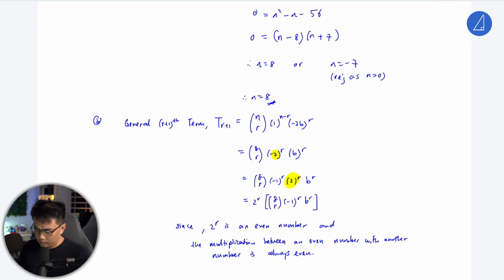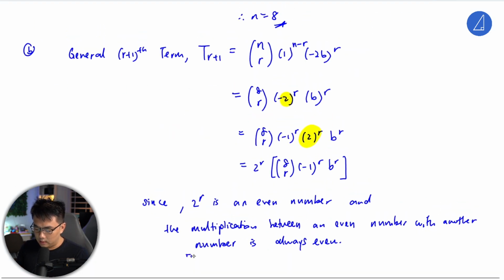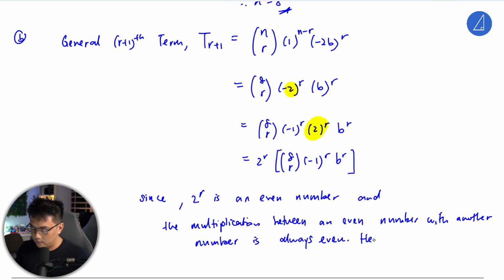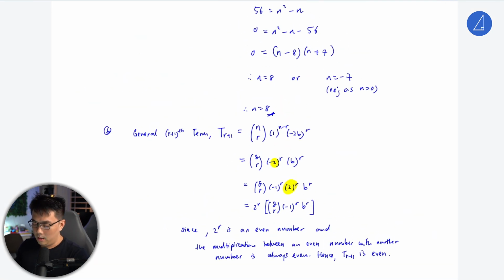Hence T_(r+1) is even. So that's what you do. You just need to show that T_(r+1) can be separated into an even number multiplied by another number. That's all. So that's how you do this question proficiently. If you have any questions at all, please let us know, and I'll see you in the next question.